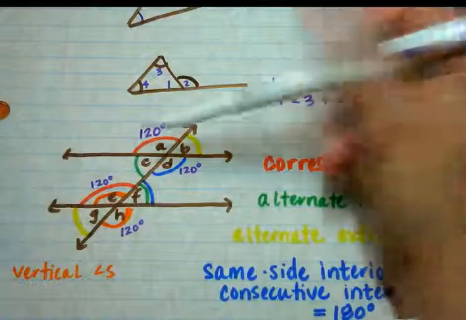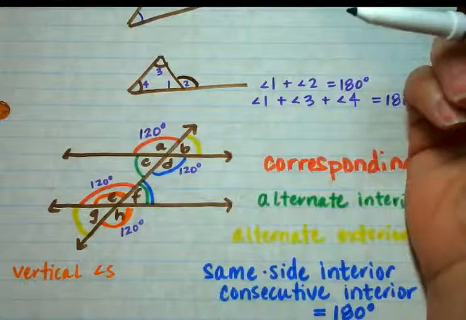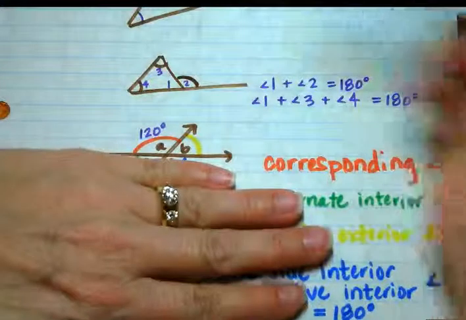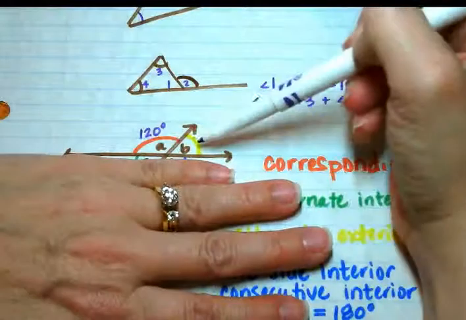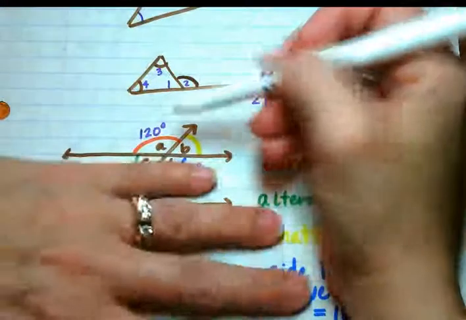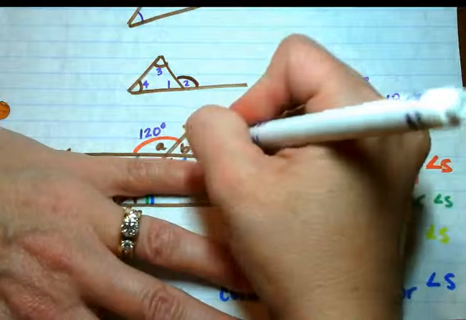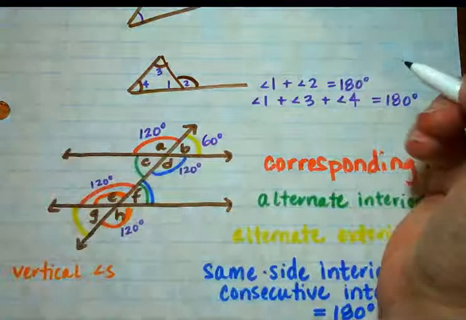So now let's say we want to figure out the other angle. That one you just need to use some math that you learned last year, and that is that anytime you have a straight line, those angles have to add up to 180 degrees. So if this angle right here is 120, this angle right here has to be 60 degrees.